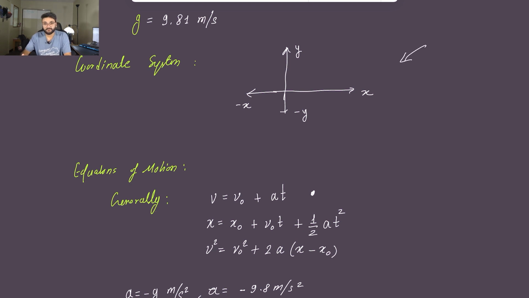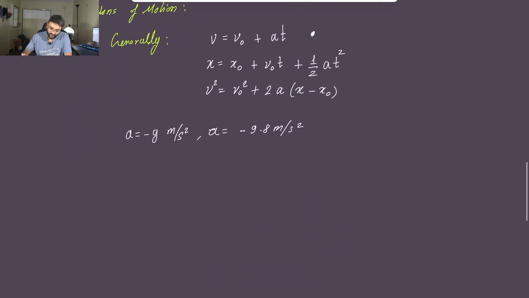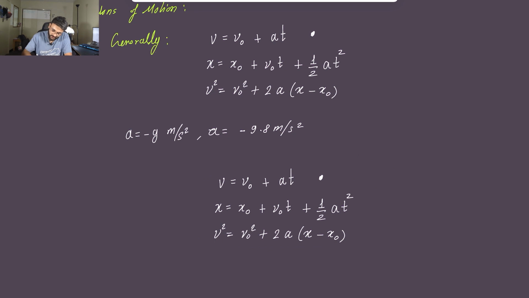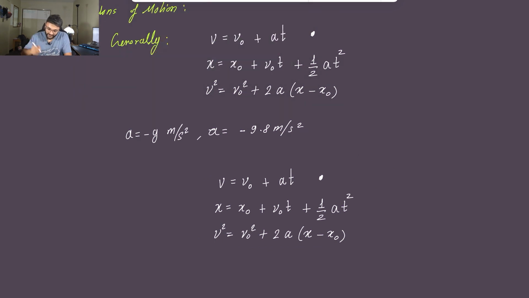That is the only reason for that minus to be in front of 9.8 meter per second square, and that is this coordinate system. So if you have that coordinate system, you can rewrite these equations. The equations will be the same, but there will be a difference, and the difference will be that a will be equal to minus g.